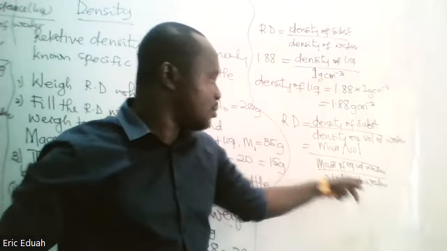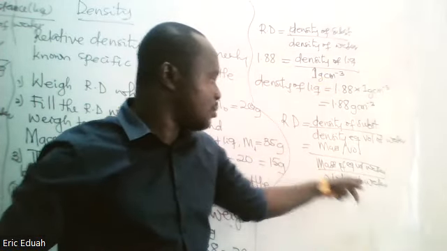Please, are we okay? Yes, please. So that is how to determine the density. The moment you calculate the relative density of the substance, you have the density, but this only works for density in gram per centimeter cube. It doesn't work for kilogram per meter cube.